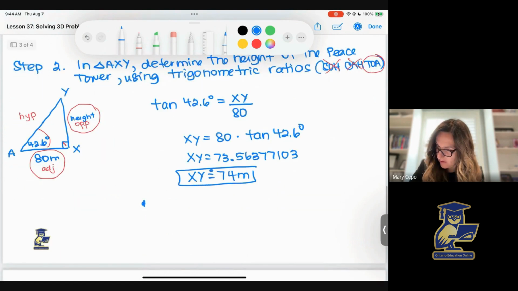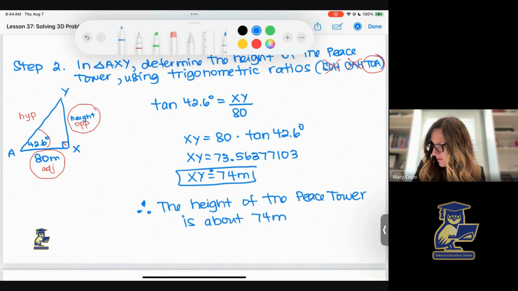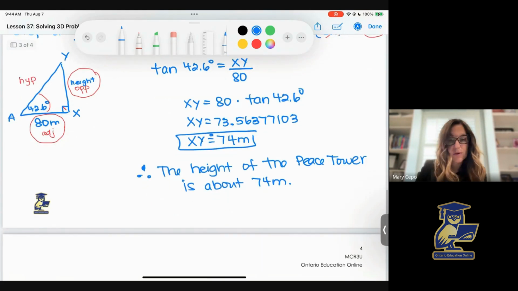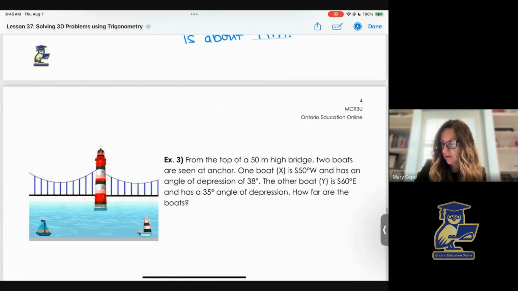So therefore, the height of the Peace Tower is about 74 meters. As you can tell with these problems, you do have to have a strategy in place. Come up with a plan before you start conquering the question.